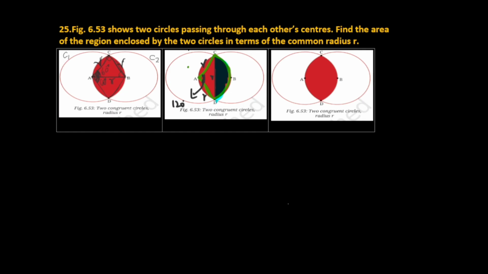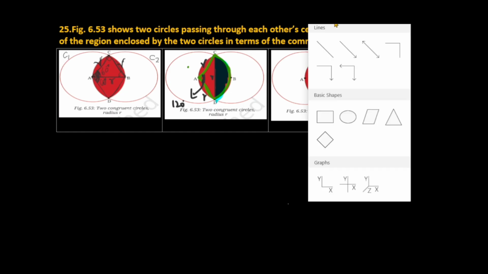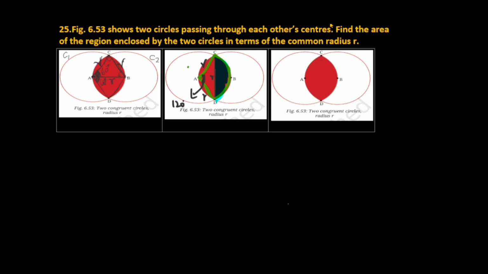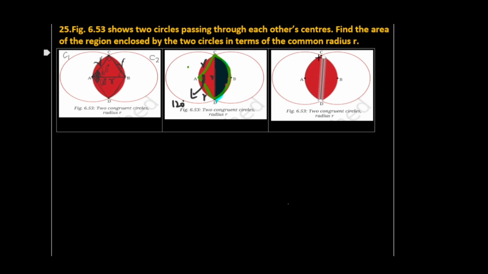In the same way, we need to find the area of the shaded region in terms of R. So in the second diagram, we got the area of one part of the shaded region. To calculate another part of the shaded region, we can join this.